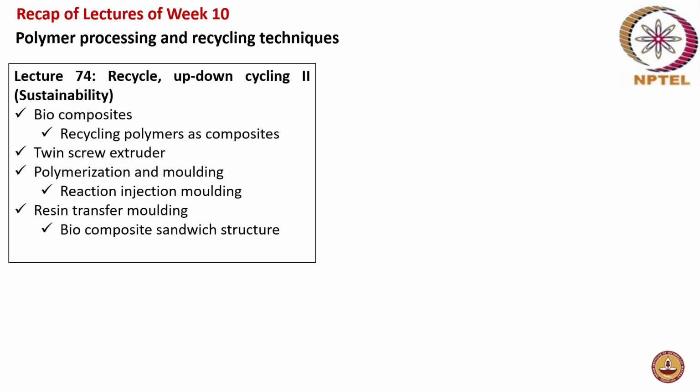And what different equipment can be used, like twin screw extruder, was discussed. And then polymerization and molding techniques like reaction injection molding and resin transfer molding were discussed, in which a biocomposite sandwich structure was discussed through resin transfer molding.